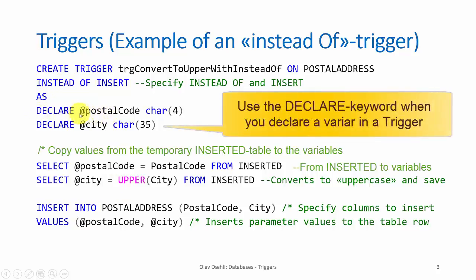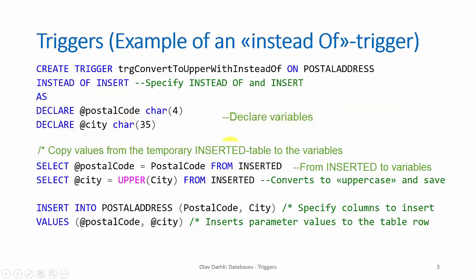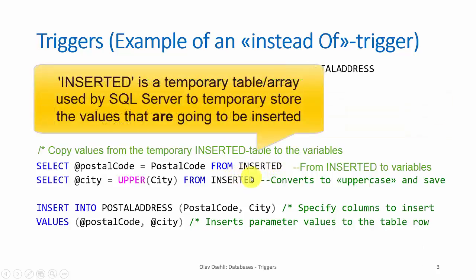And I want two variables because I temporarily want to store the data from the insert into statement. And one thing we have to know is that before SQL Server inserts real data into the table, it will temporarily store them in an array named inserted.